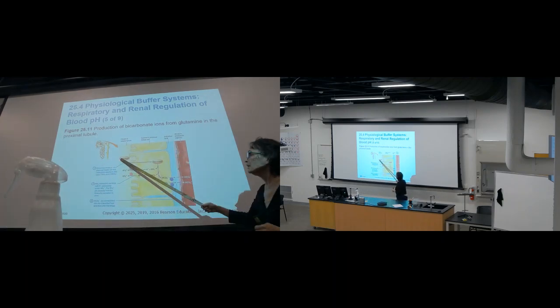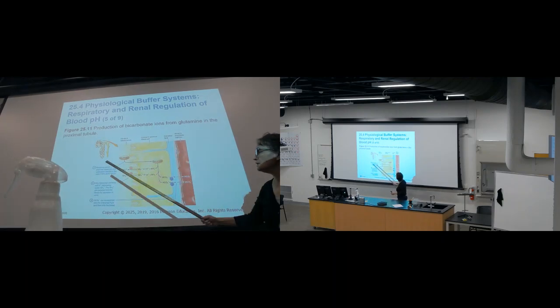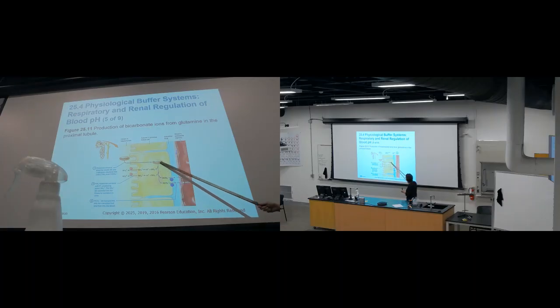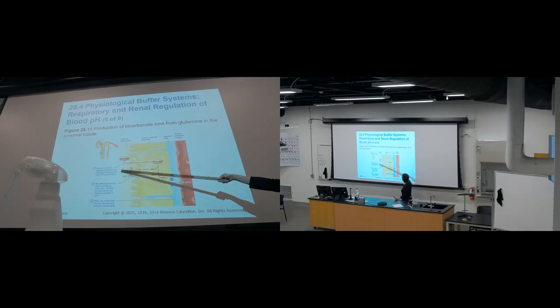So here we have glutamine in this area, in the PCT. It will come in, and then this glutamine will be converted into ammonium that will combine with reabsorbed hydrogen ions, so you will have ammonia, and that will be excreted into the lumen of the tubular fluid.